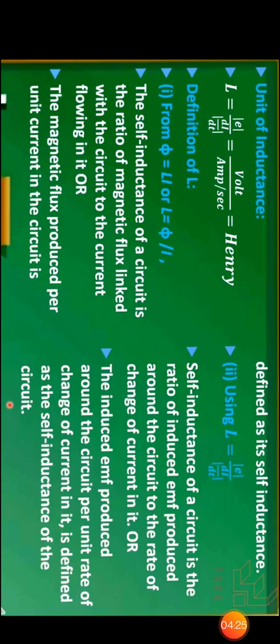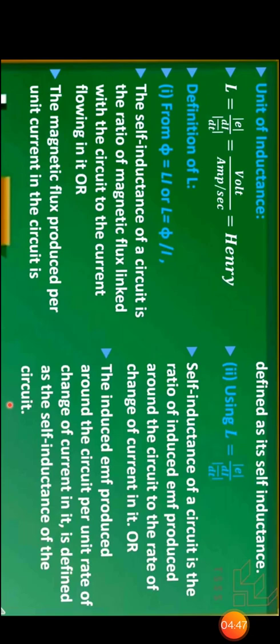Now, by using L is equal to mod of E upon mod of di upon dt, we can also write L is equal to minus in brackets E upon di upon dt.